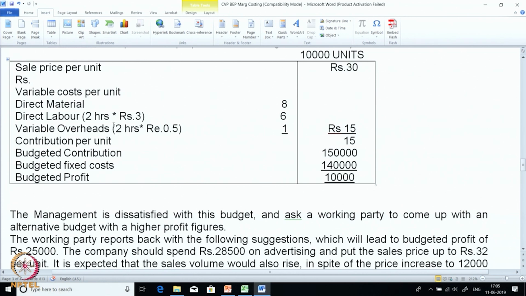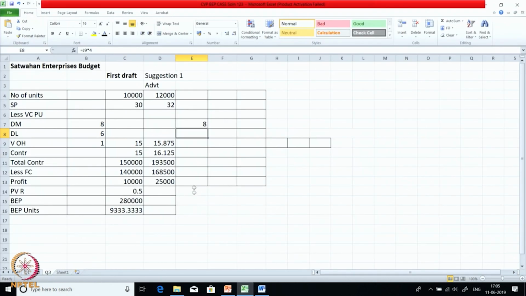So whatever the new hours are, which is x, it will be 0.5x. So 4x and 0.5x means 4.5x is the total of labor plus variable overheads, and we already know the total should not be more than 15.875. So 15.875 minus 8 should be 7.875. Now with this data, try to work back the quantum of x.